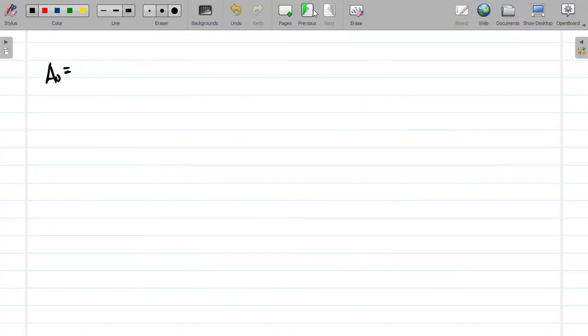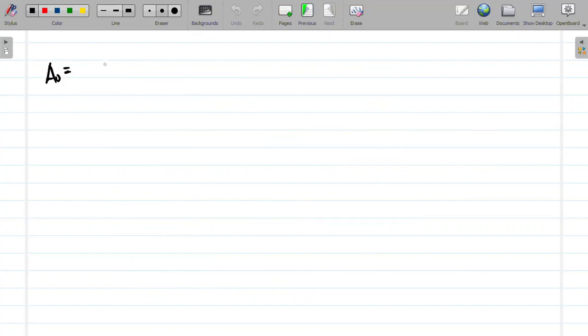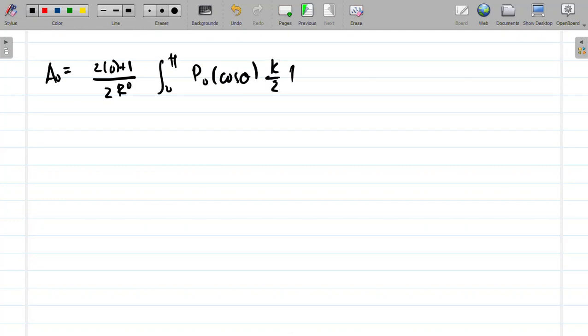So this is, previous tayo. 2 times 0 plus 1, so 2. 1 over 2r to the 0, sulat ko nga muna, (2 times 0 plus 1) over 2r to the 0. Integral ng 0 to pi, P naught ng cos theta, k over 2, P naught ng cos theta, sin theta, d theta.